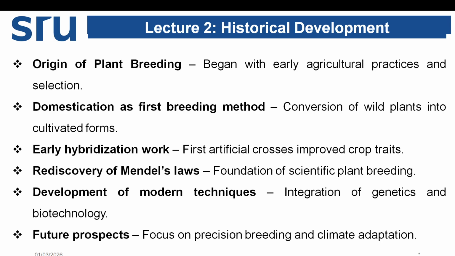The next is development of modern techniques, like integration of genetics and biotechnology with plant breeding. And again, last but not least, future prospects, that is focus on precision breeding and climate adaptation. So these are some points which we will cover during lecture 2, that is historical development.